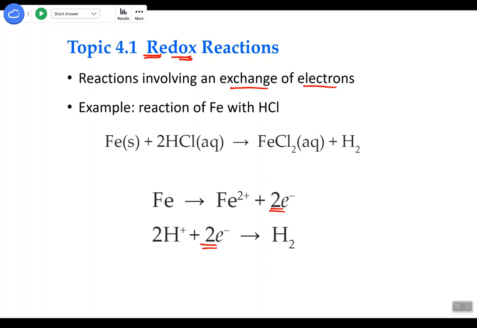We could assign oxidation states, like to iron, and see that iron is going from an oxidation state of 0 to +2 and losing 2 electrons. These 2 electrons then pass over to H+ and produce hydrogen gas.